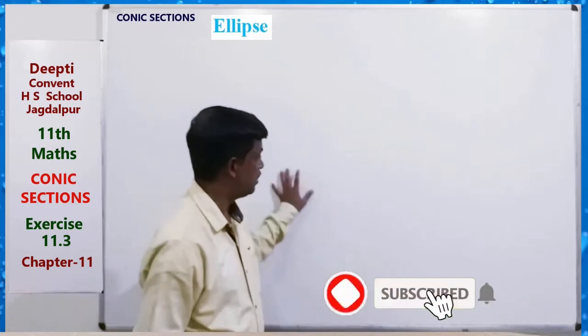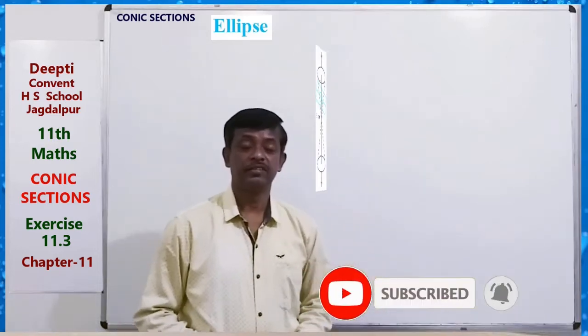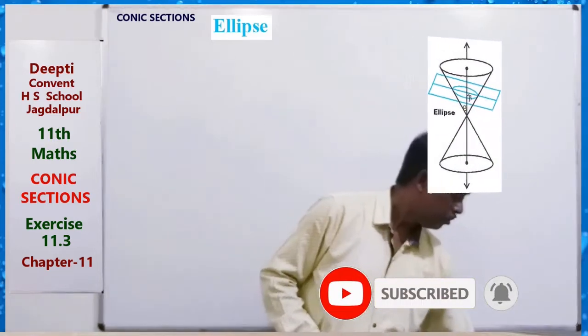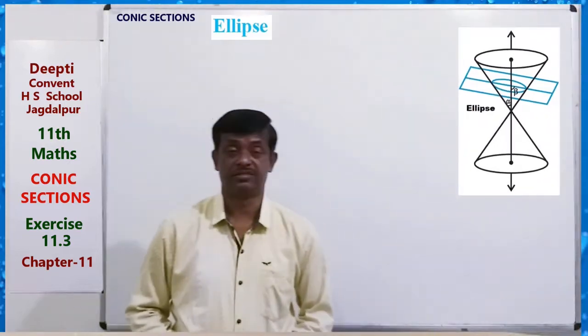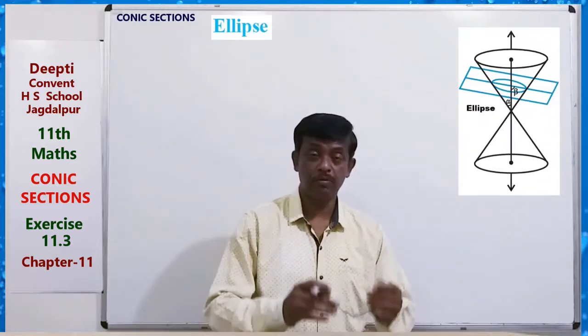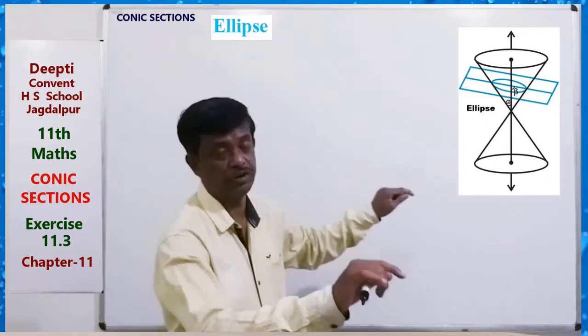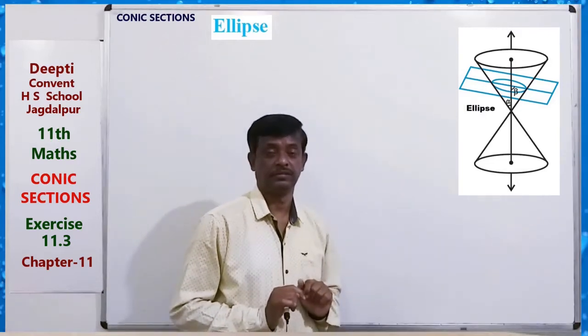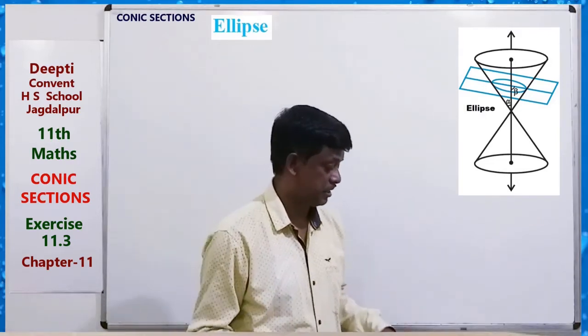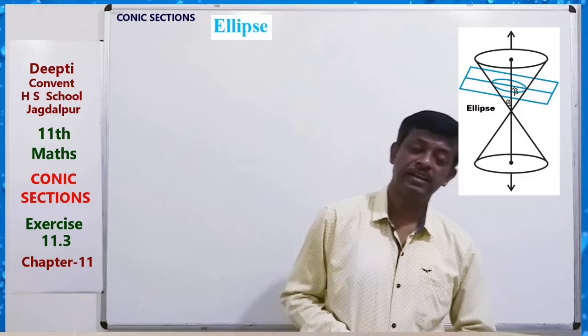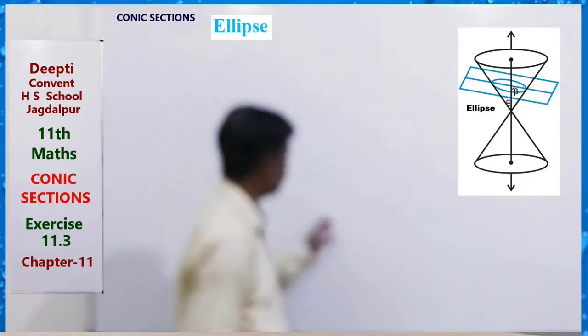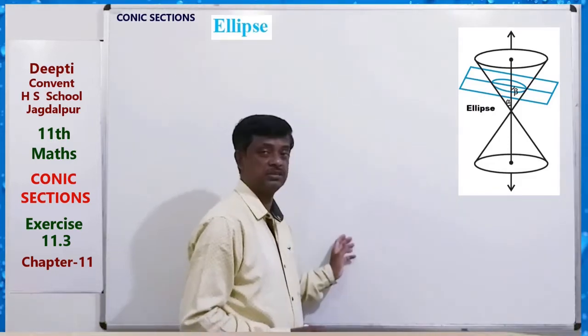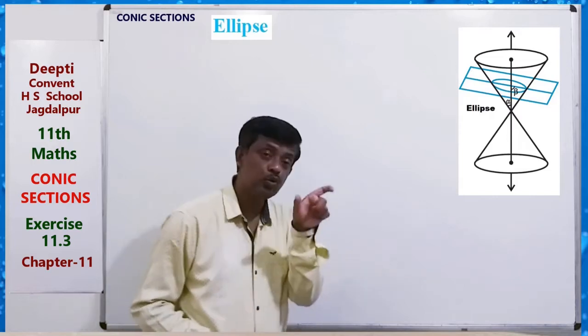Ellipse means, in a plane, the set of all the points the sum of whose distances from two fixed points remains always constant. Clear? Means collect all the points whose distances from two fixed points.